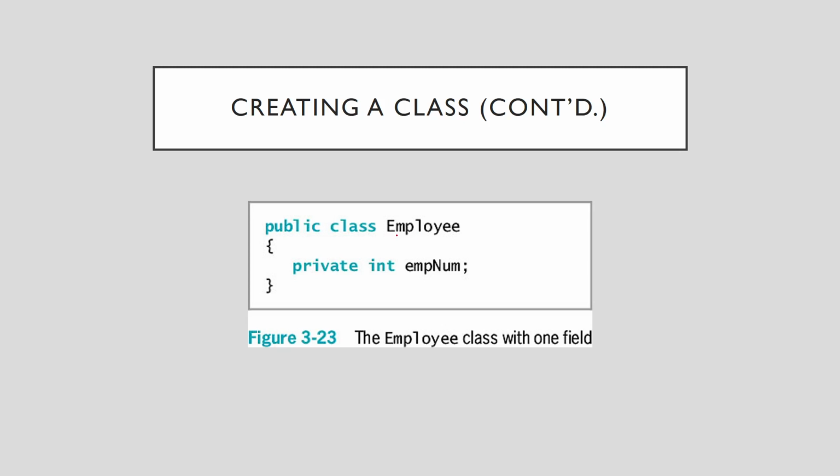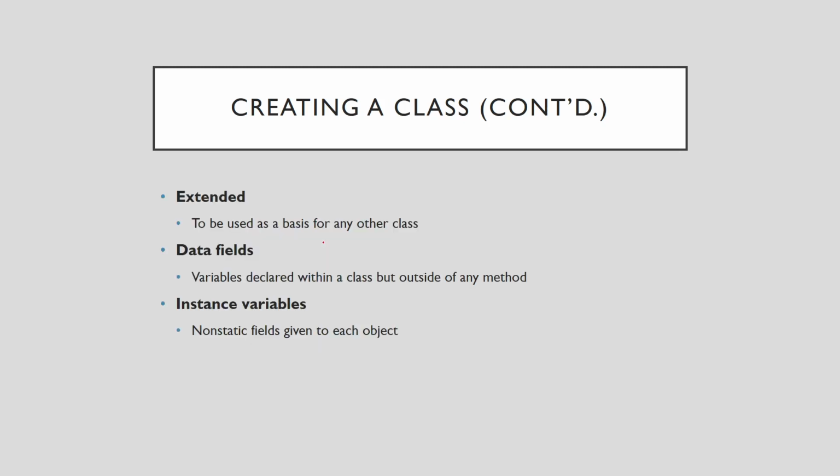Since class employee is declared public, it can be used by any other object. It can also be extended, as I've said, to be used as a basis for any other class, as a parent class or as a subclass, for example.